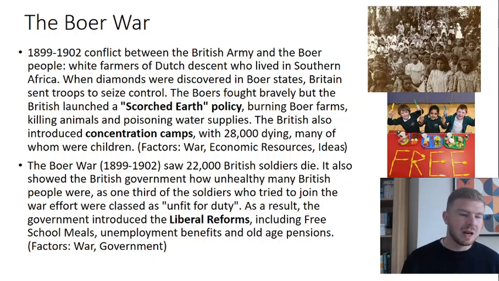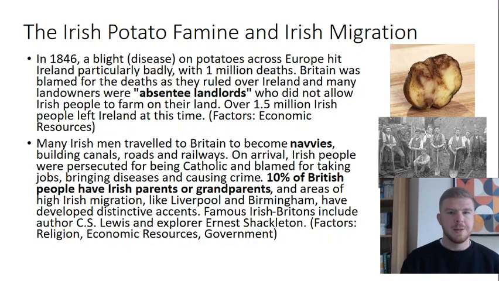They were classed as unfit for duty because of poor diet or because they had illness or disease. This was a wake-up call for the government of the time, and so they introduced the liberal reforms. They're called liberal because that was the party in charge at the time. They were like, we need to make British people healthier. So they introduced things like the free school meals campaign, unemployment benefits, and old age pensions. And all of that comes from fighting on the other side of the world in the Boer War.